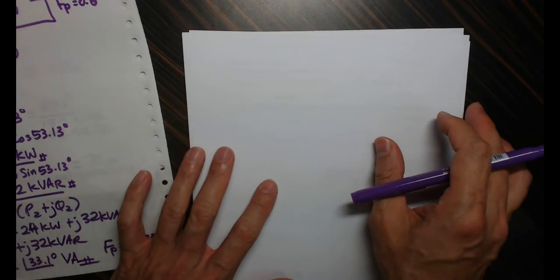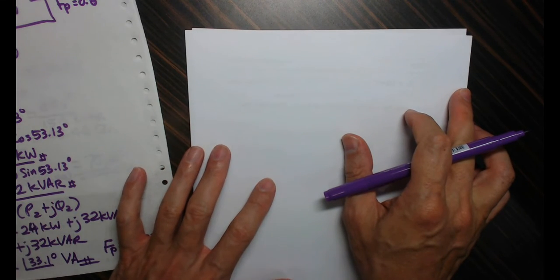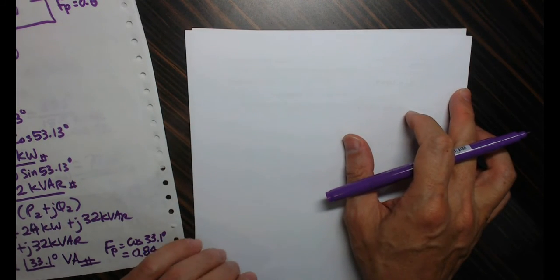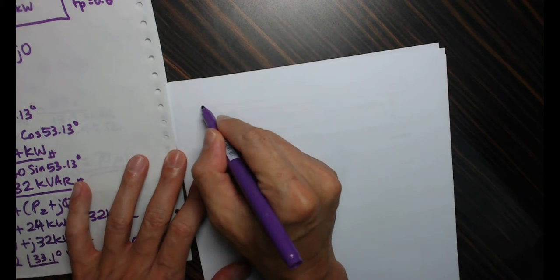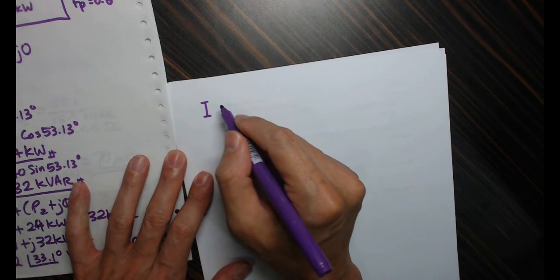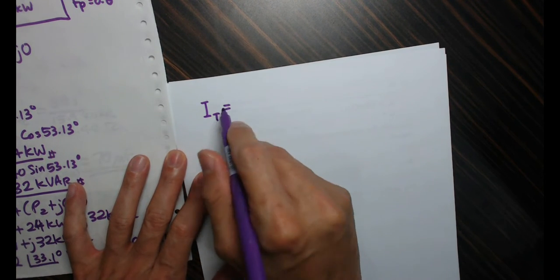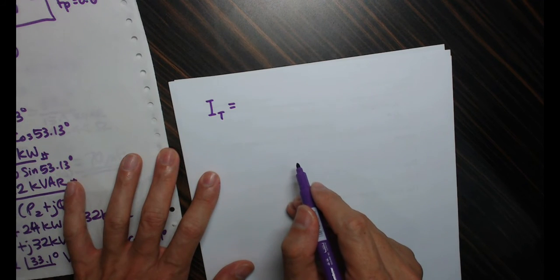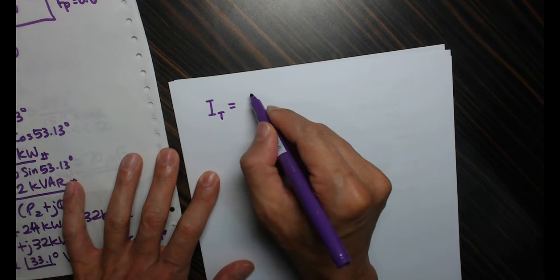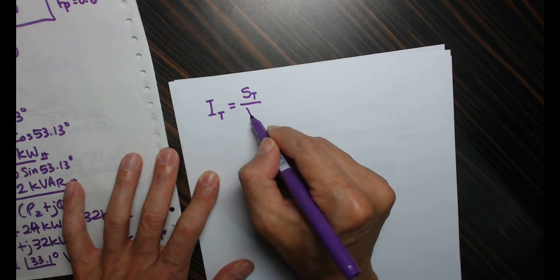And finally, we want to compare the incoming supply current before power factor correction and after power factor correction. So let's use IT as the current before power factor correction, and it can be calculated as the S total divided by the voltage applied.